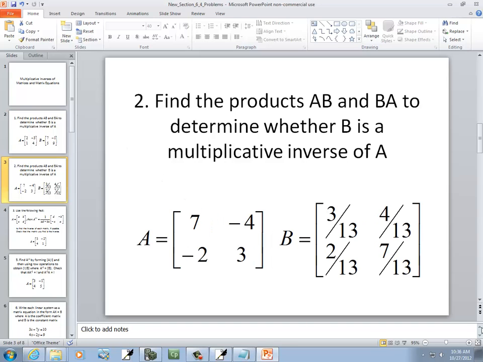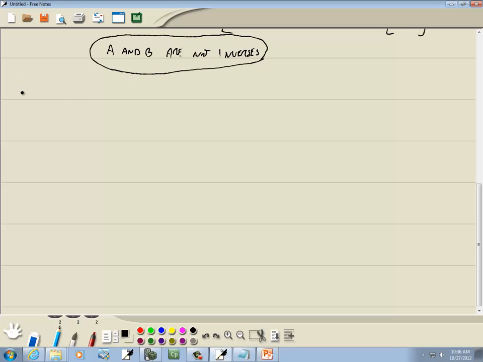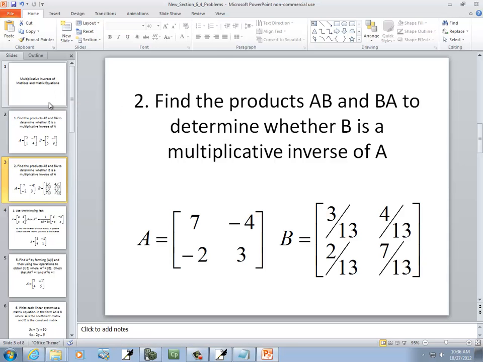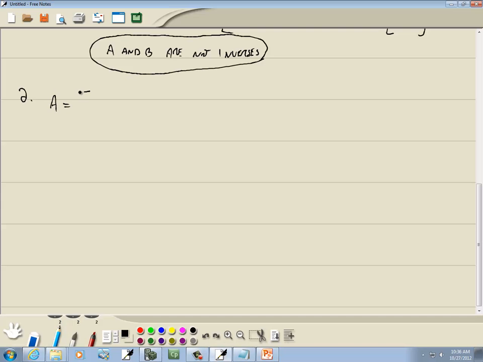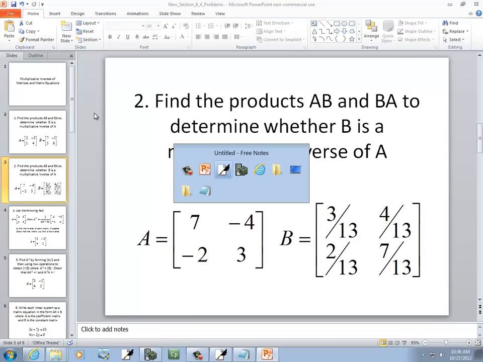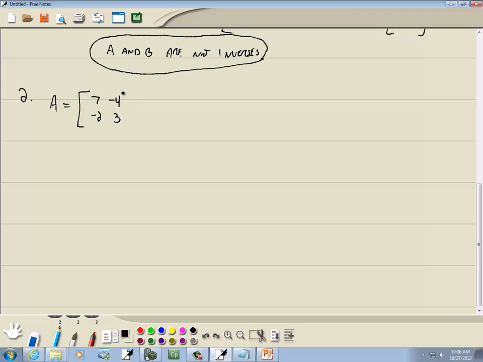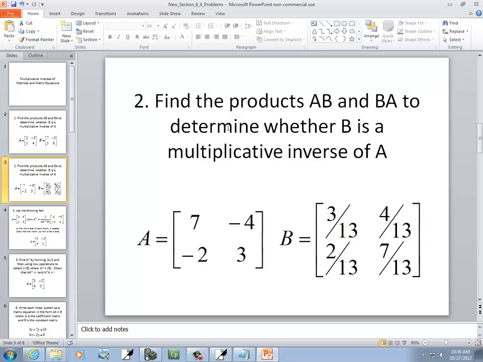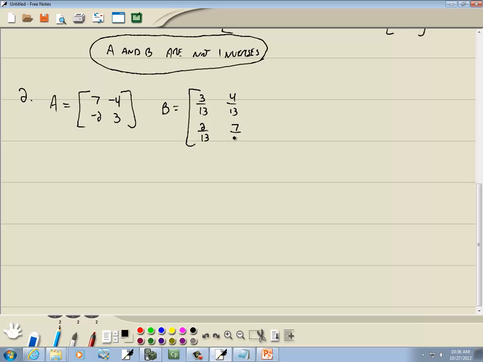Let's look at the next one. Got A is equal to 7, negative 4, negative 2, and 3. And B is equal to 3/13, 4/13, 2/13, and 7/13.